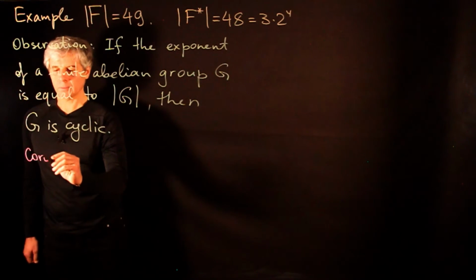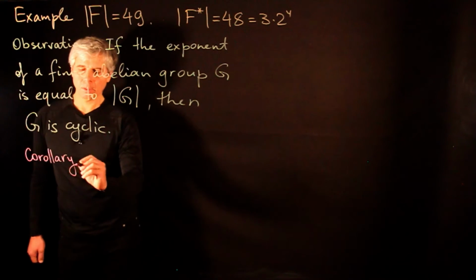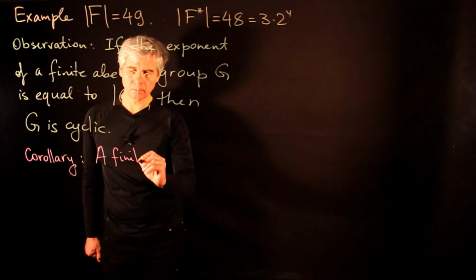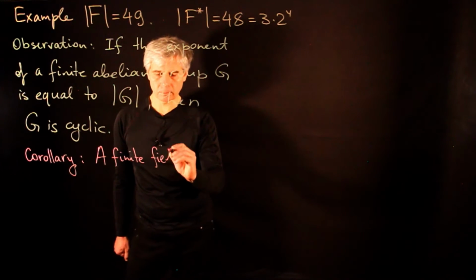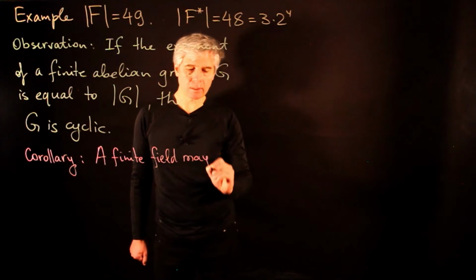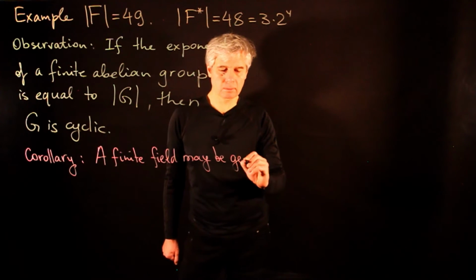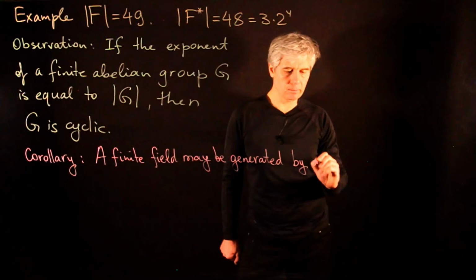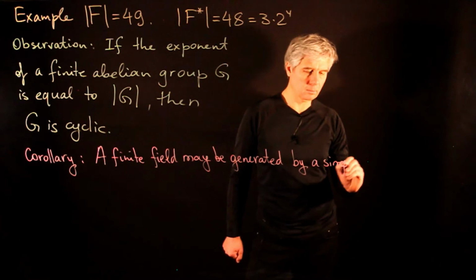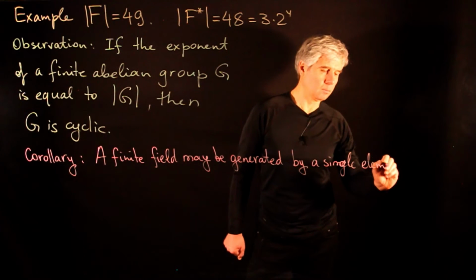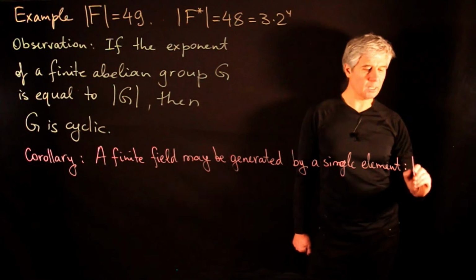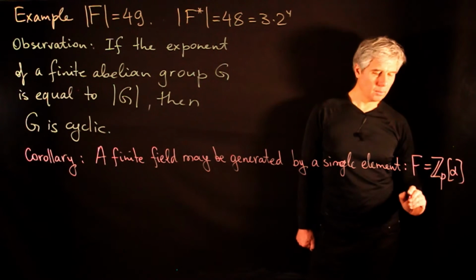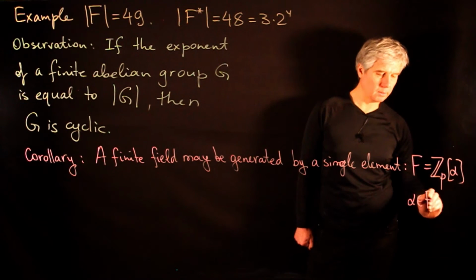As a corollary, we get that a finite field may be generated by a single element. So this means that F can be viewed as Zp of alpha for some alpha in the field.